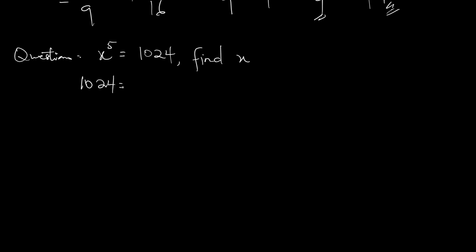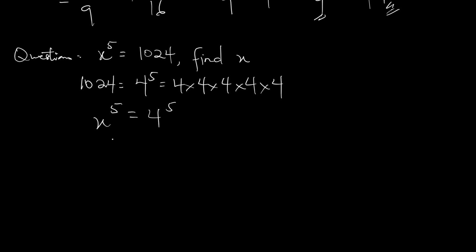So we know that 1024 is equal to 4 raised to the power 5, which is 4 times 4 times 4 times 4 times 4. And so we can say that x raised to the power 5 is equal to 4 raised to the power 5. So what number multiplies itself 5 times to give us 1024?